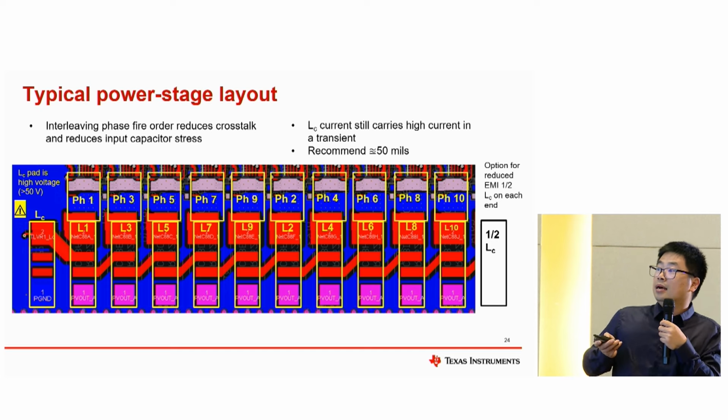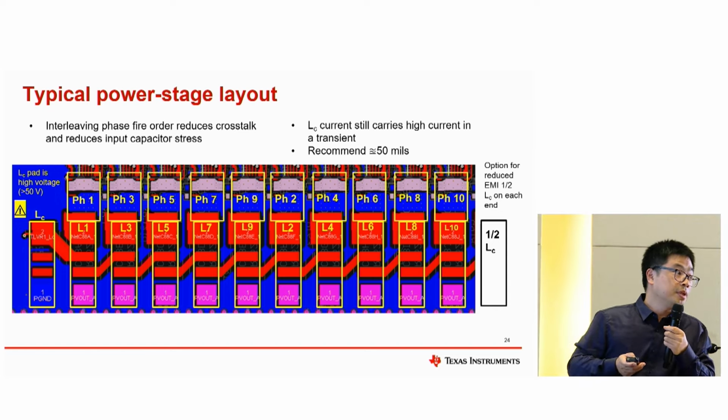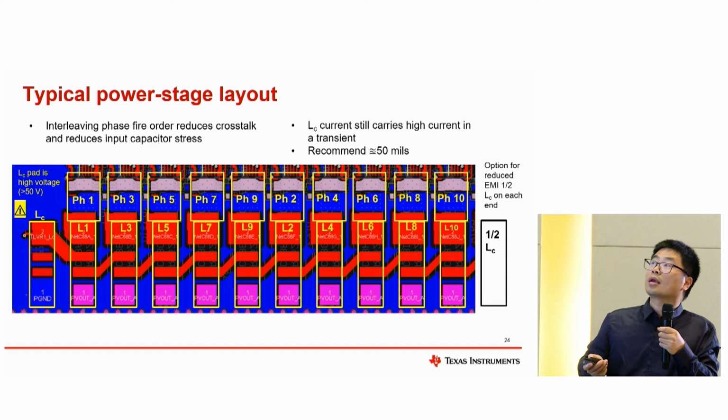As we mentioned before, the current for the LC inductor is very high when the load is up. So for the trace carrying the LC current, I recommend that the width of the trace be larger than 50 mils.